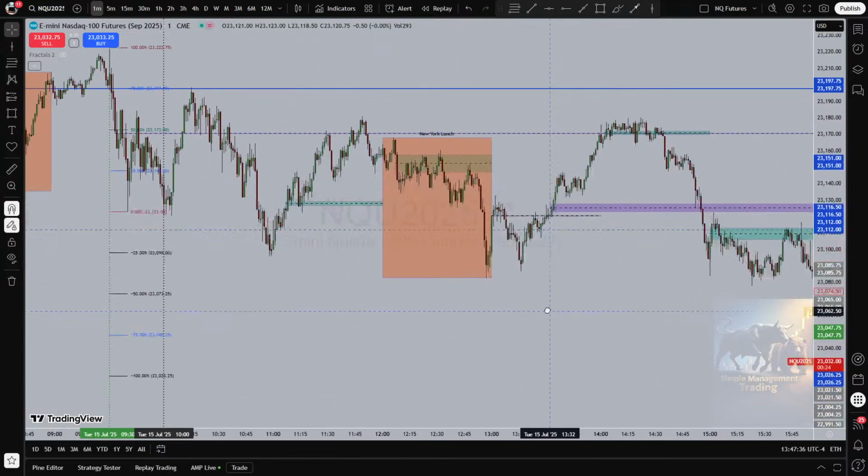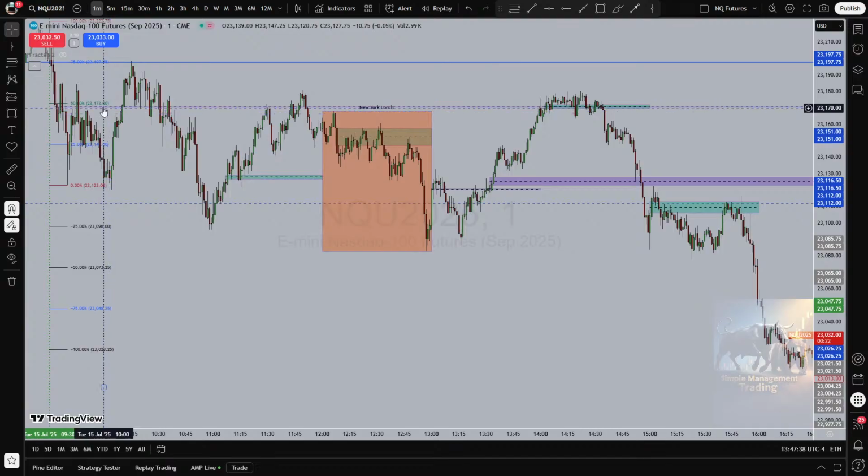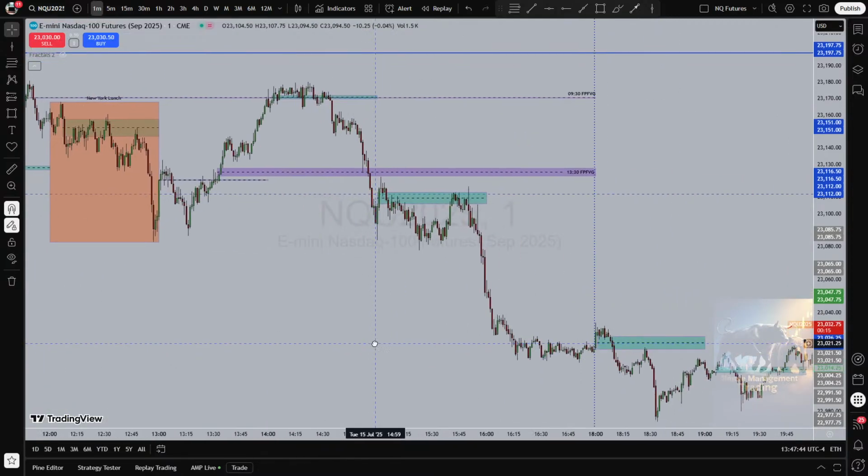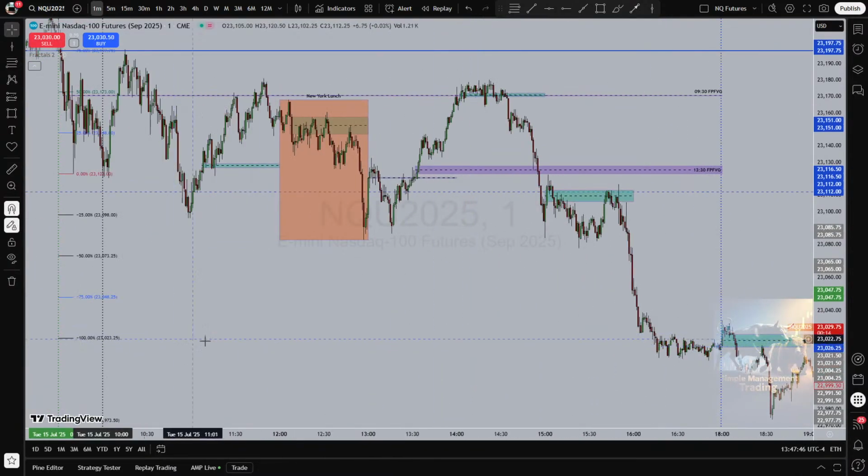And then by the end of the day, this is the New York opening range standard deviations. Look at the one. Where does it go to? Right here. See that? It stops right there at the one. So all of these things, you could have taken them if you just trade off of the first percent fair value gaps.